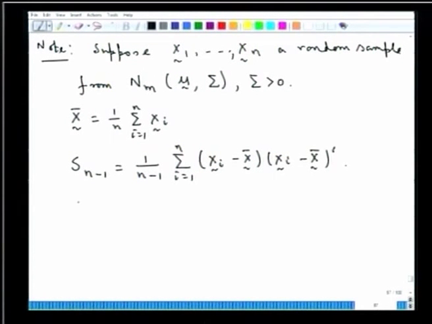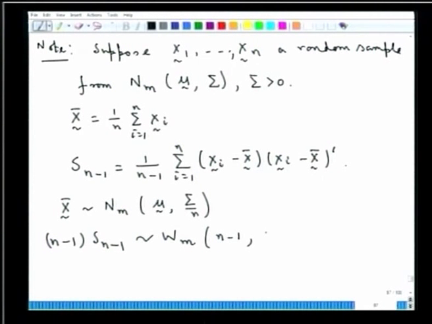We have proved in the last lecture and the lecture prior to that the important result that x bar follows a multivariate normal M with a mean vector mu and a covariance matrix sigma by n, and n minus 1 S_{n-1}, the sum of squares and cross product matrix, has a Wishart distribution M on n minus 1 degrees of freedom and an associated variance covariance matrix of sigma.